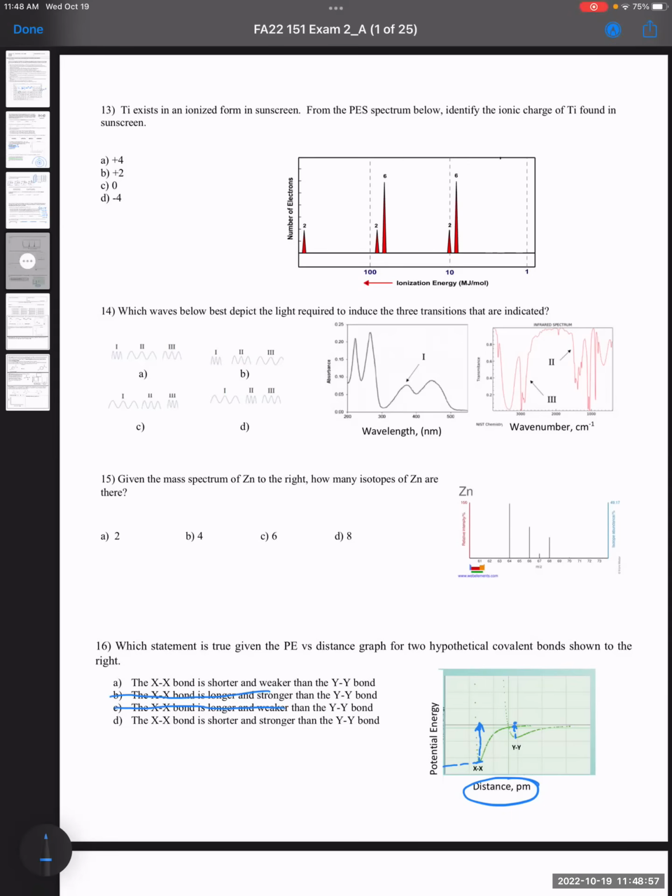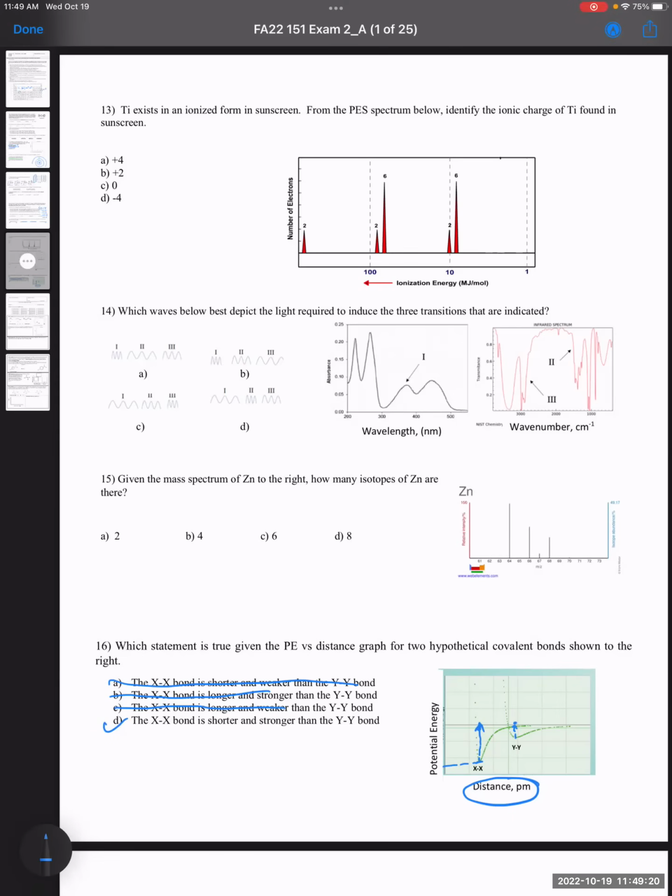And then also, which bond is stronger? The stronger bond should have the strongest attractive interactions between the 2 atoms, meaning the lowest potential energy. So XX is stronger than YY because you have lower potential energy there. So therefore, we're going to go with option D. That's the correct answer for that.